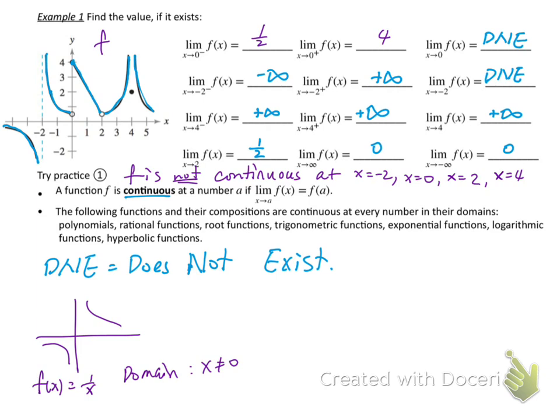And anywhere in the domain, the function is continuous. And then also, not only the functions themselves, but the compositions of these functions. So pretty much as long as it's defined, you can do the composition, you get a continuous function in its domain.